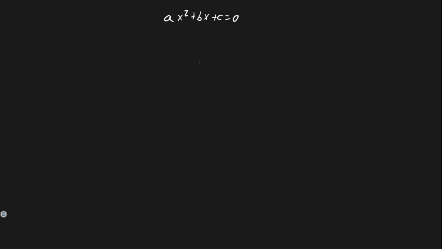Well, there is a process to get a formula, and the process is first divide by a, but also subtract c from both sides to get this: x squared plus b over a x is equal to c over a. Now I want to go ahead and divide by 2.